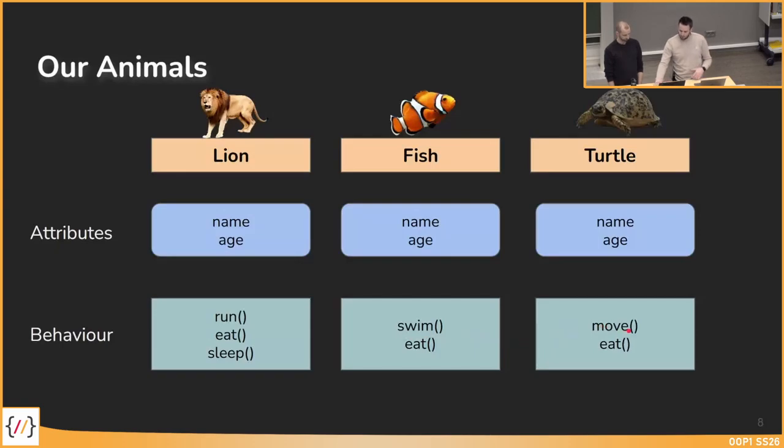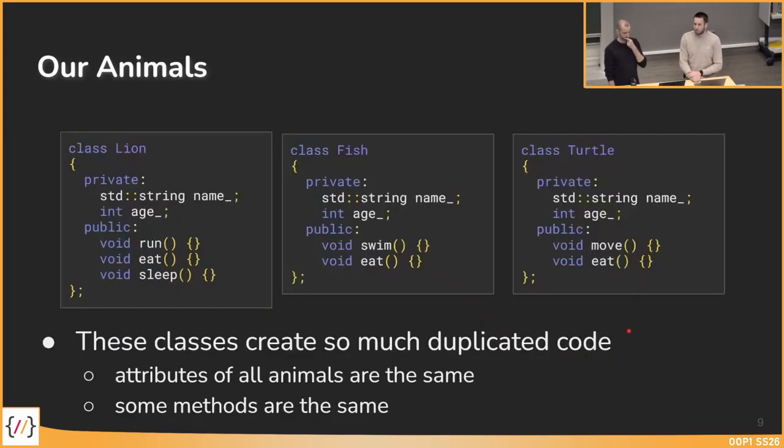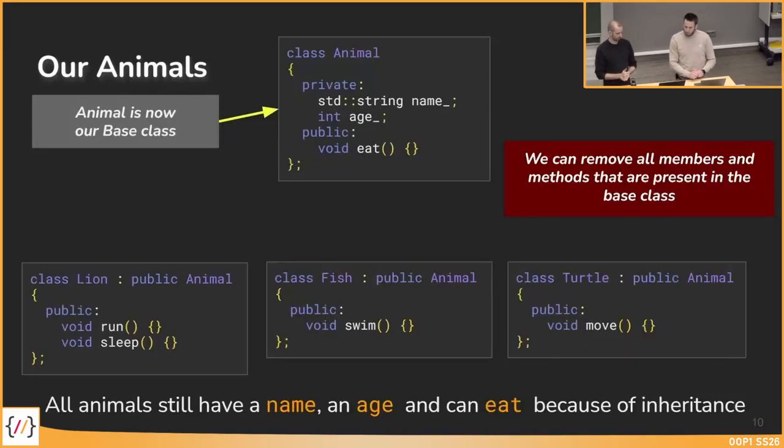But if we check the code for these three classes, we found many duplicated code snippets. We had, as I mentioned, the same members and also the same method eat. And this is something we can put together in one other class, which we call the base class.